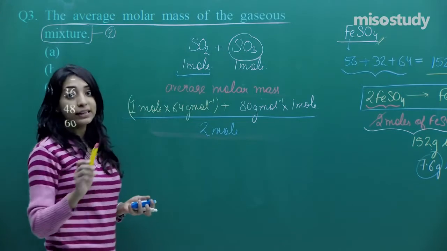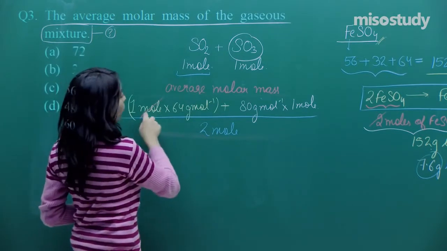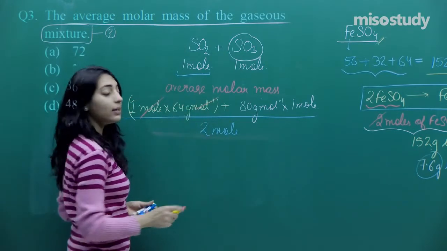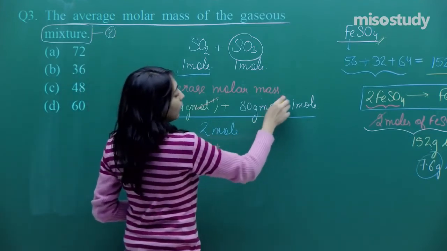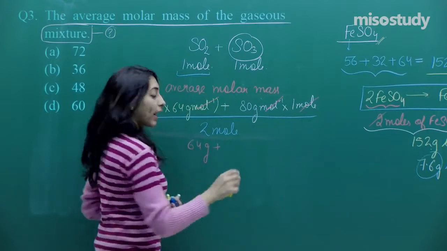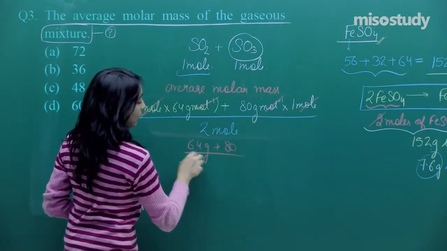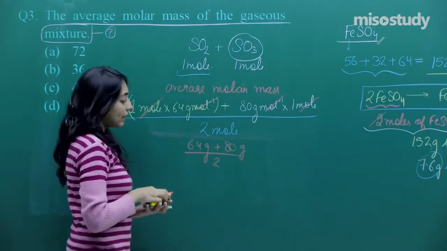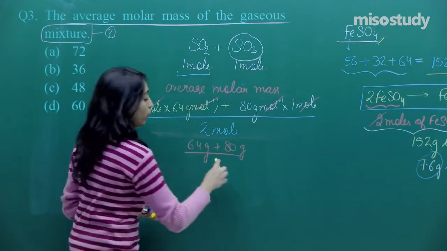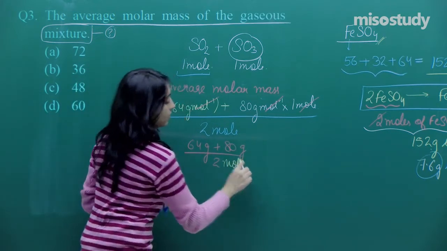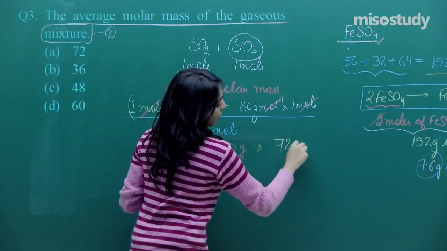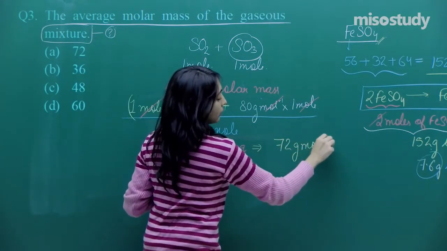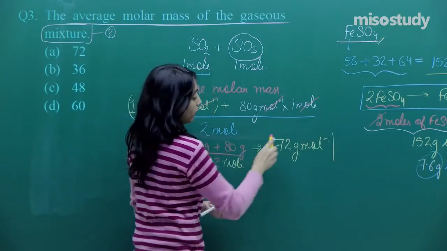Let's see whether the units we are getting are okay or not. Mole inverse, mole, get cancelled. So here the value is 64 grams plus 80 grams divided by 2 moles. See guys, if you solve it, you will get the value equal to 72 grams per mole.